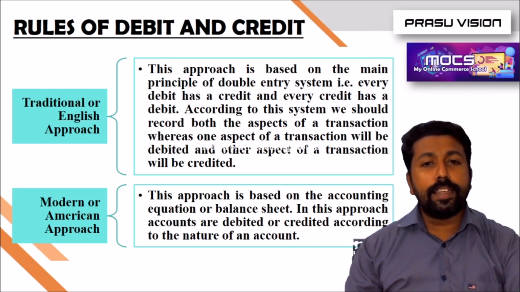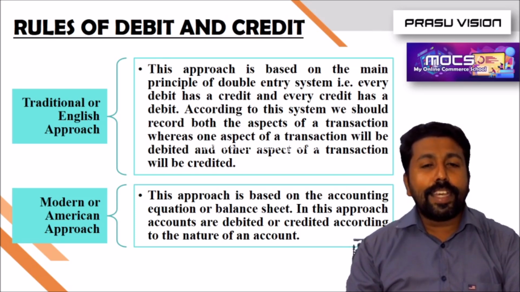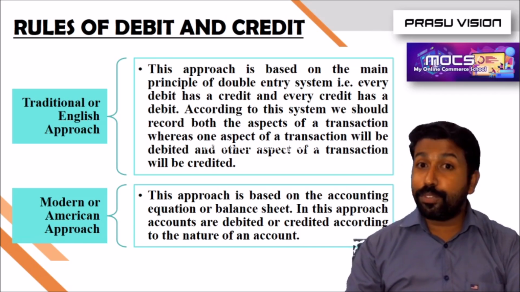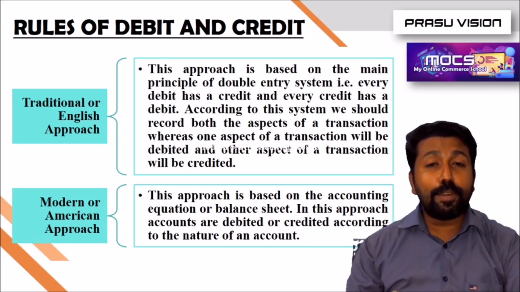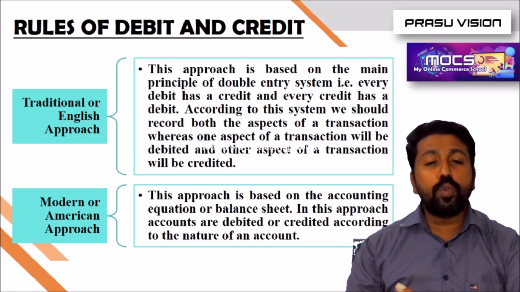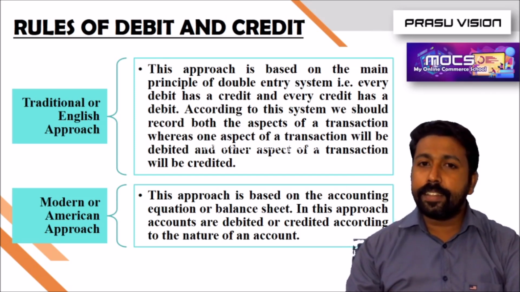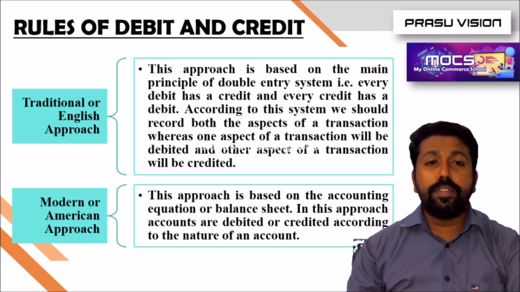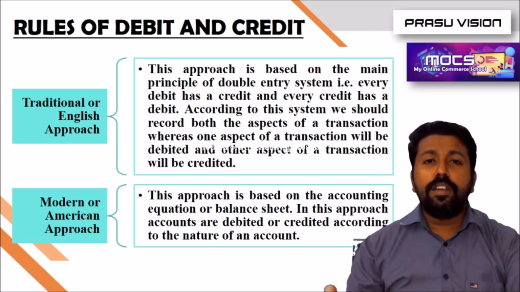All this explanation will become very clear by solving problems and learning which accounts come under the traditional approach and the modern approach. So remember, two approaches are there while learning the rules of debit and credit. We have to move to the classification of the traditional approach and the modern approach.